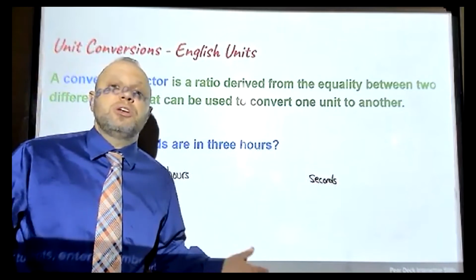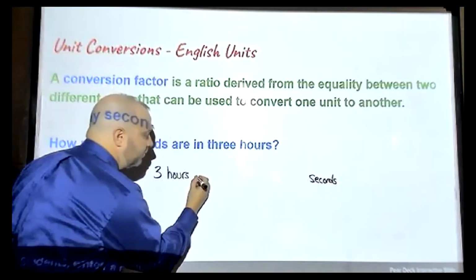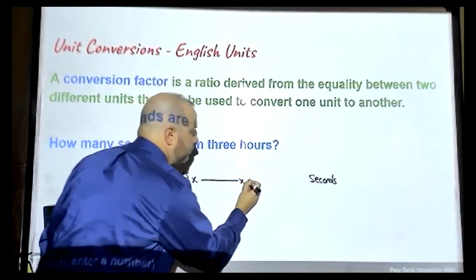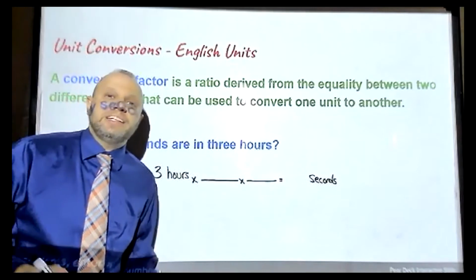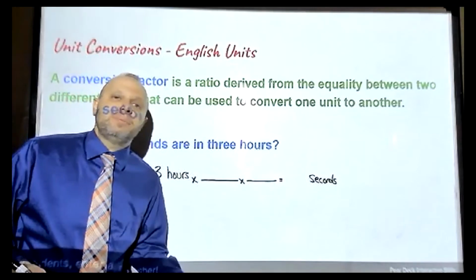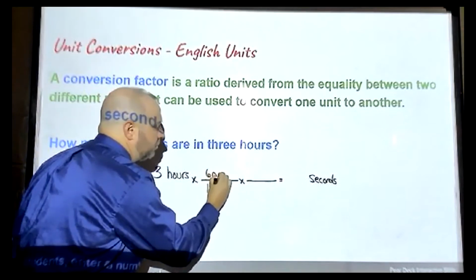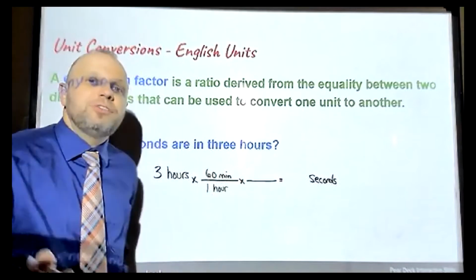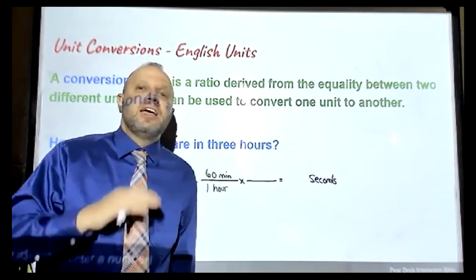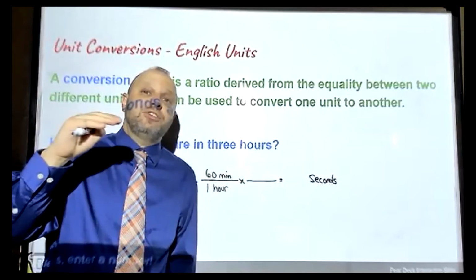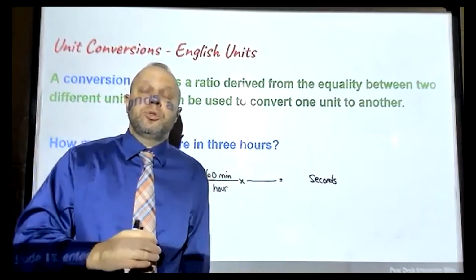However, let's say you didn't know that, and you're going to set up your equations like the following. In this case, we know that each 1 hour has 60 minutes in it. Because hour is the unit that I want to get rid of, it's going to go on the bottom of my fraction. Minutes is the unit that I want to get to, so it's going to go on top. Now it's not the final one, but it's going to help me get to my final unit.